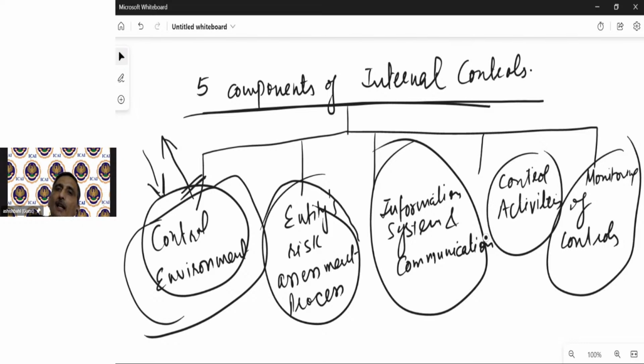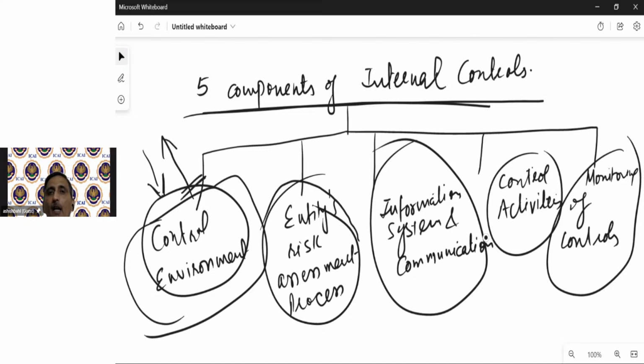Similarly, there is a business risk for a company. What could be the business risk? Say, for example, the demand of the company's goods might drastically fall. New competitors are coming.